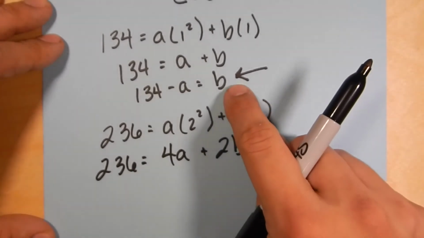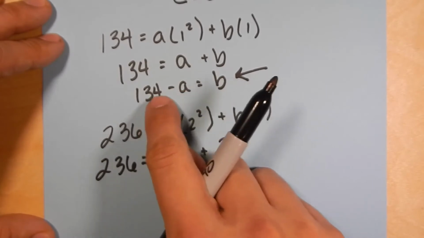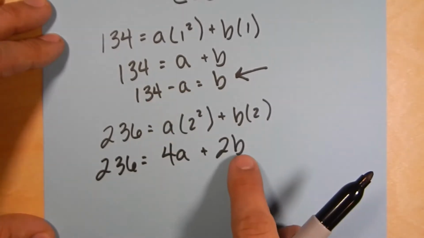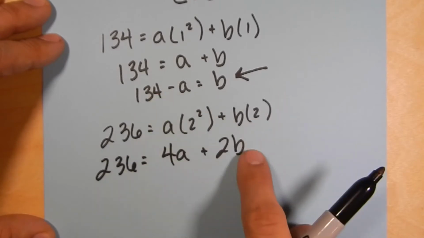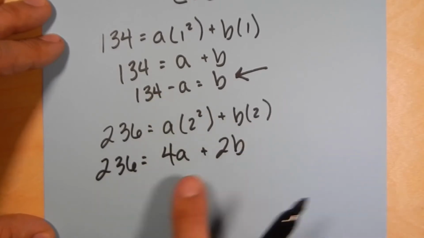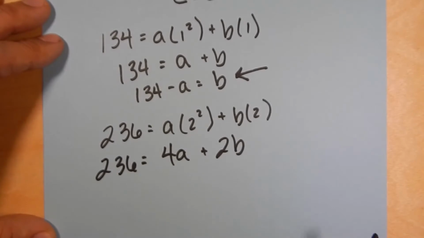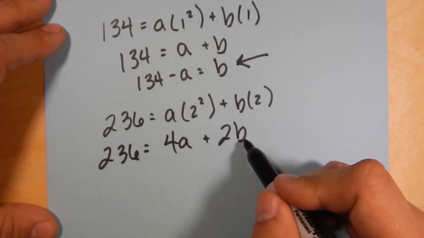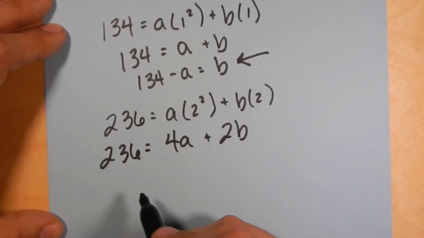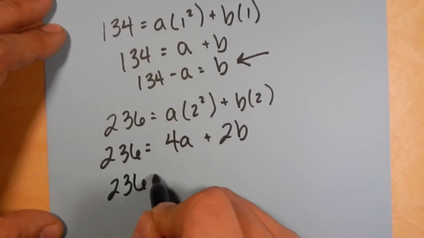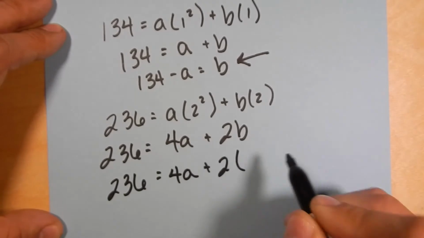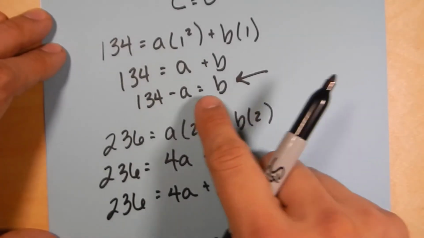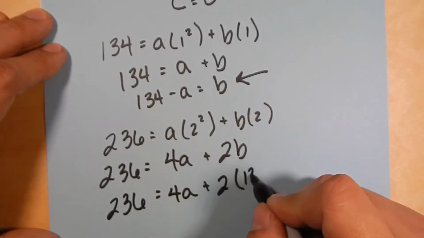Notice from last time we know that b is 134 minus a. So if we replace this in terms of a, then we can solve for a and b. So let's do that. So let's replace this guy. So we've got 236 is 4a plus 2 times b, which is 134 minus a.